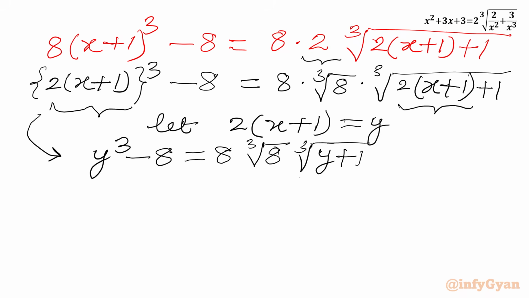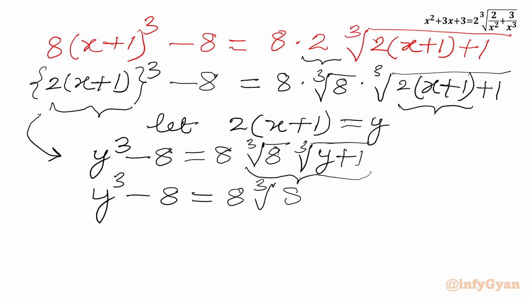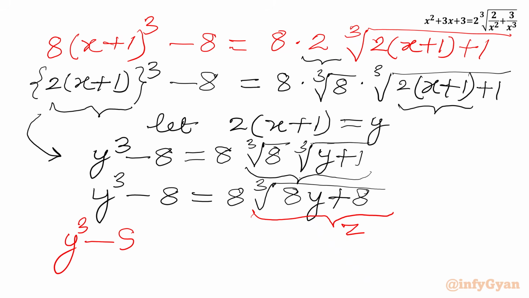Now we will club these two cube roots and we will get equation y cube minus 8 equal to 8 times cube root of 8y plus 8. Now we will use substitution. Let's say cube root of 8y plus 8 suppose this is equal to z. So I can write one equation y cube minus 8 equal to 8 times z.